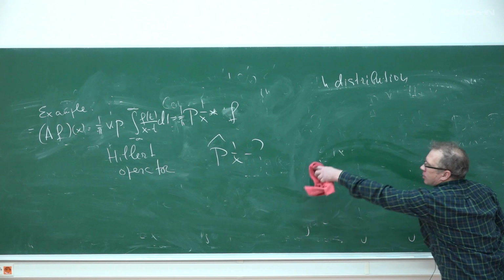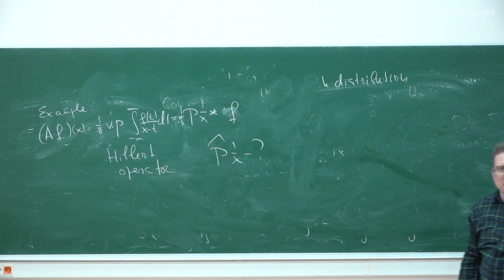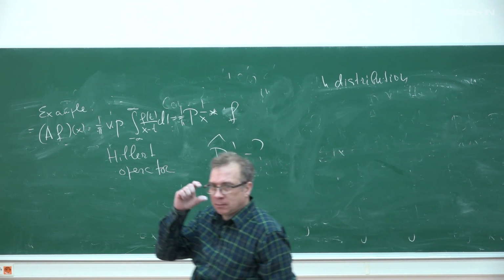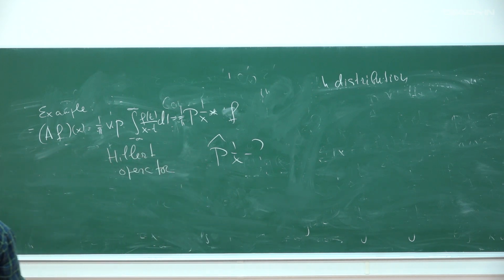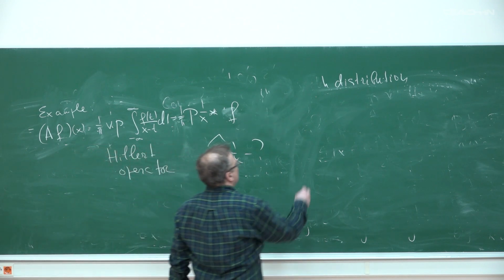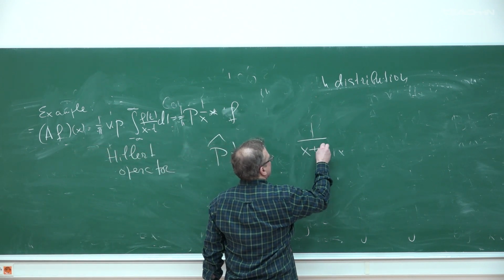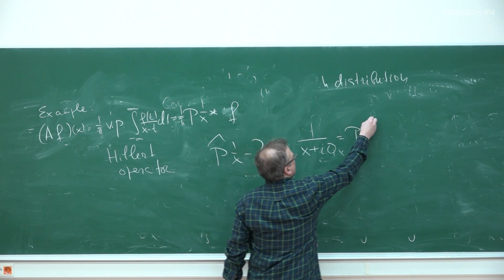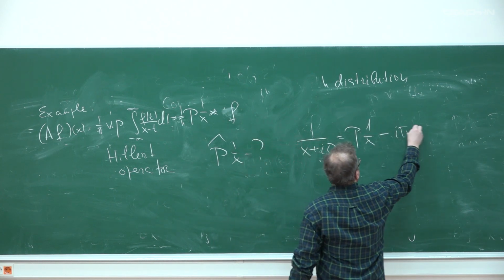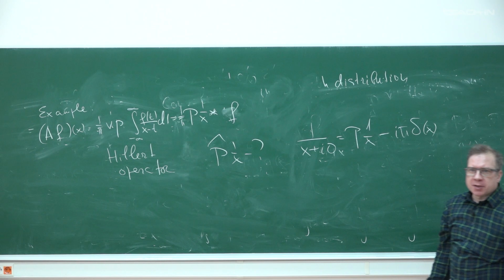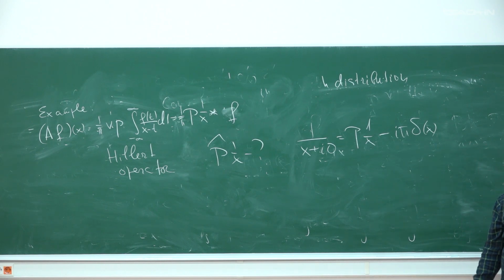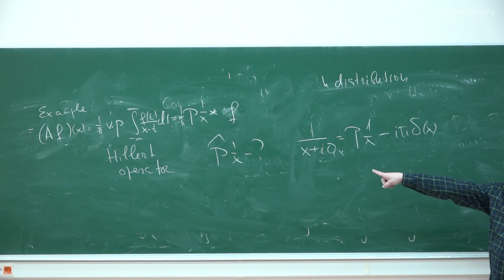How do we calculate this Fourier transform of P1 of x? How can we find it? There is the Sokhotski identity. We calculate the Fourier transform of this function, yes?